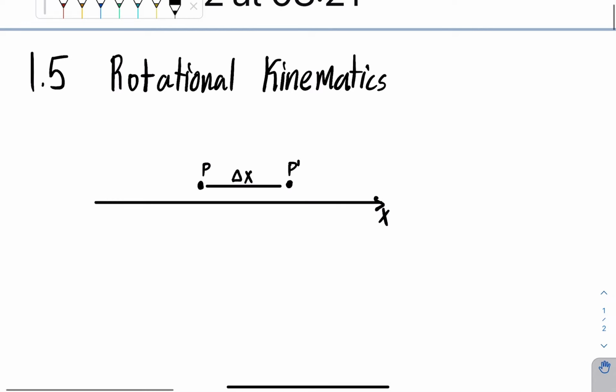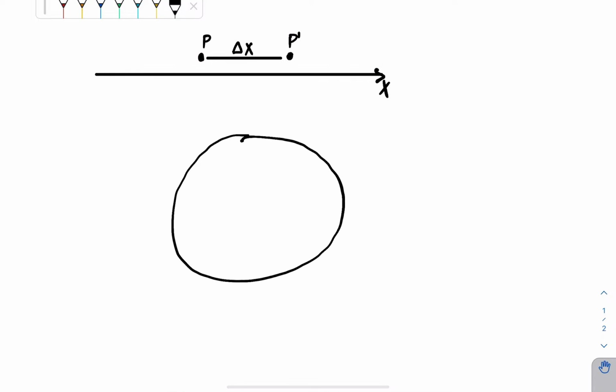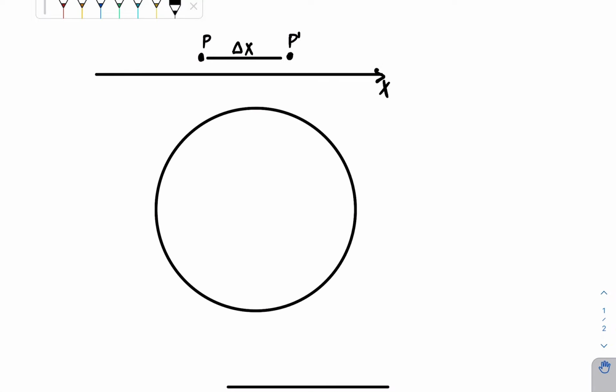In rotational mechanics, instead of dealing with a straight line, we want to deal with a circle. In this case, for uniform circular motion and for rotational mechanics, we will be dealing with a fixed radius of r, which we can set equal to 1 for ease of use.